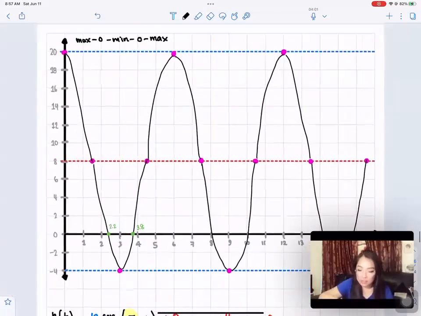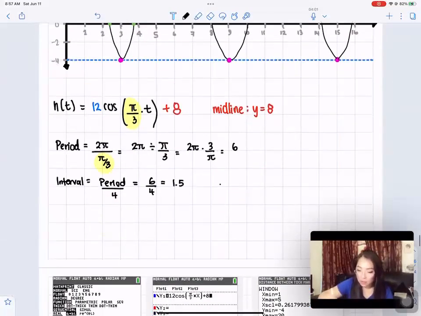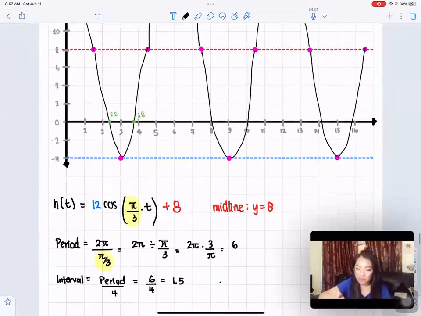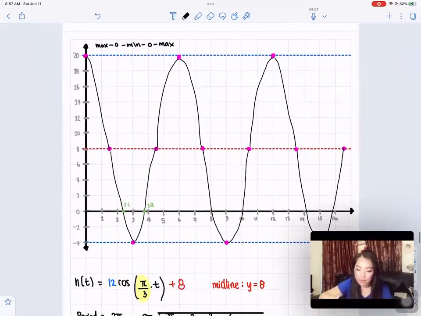And you can visually see there's only 4 equal parts. So when you divide by 4, it means that's 1.5. So each part of the critical line is 1.5, which is perfect because your numbers are integral, like they're not in pies or anything. So now every 1.5, I'm going to go 0, max, 0, min, 0, max.